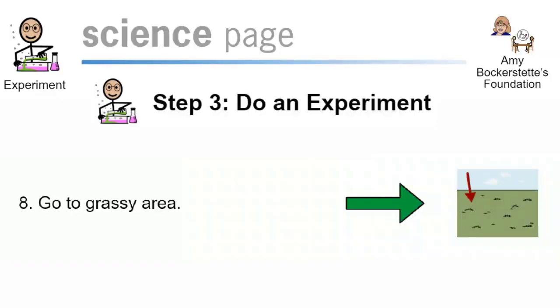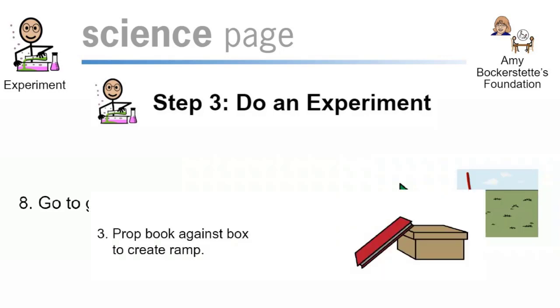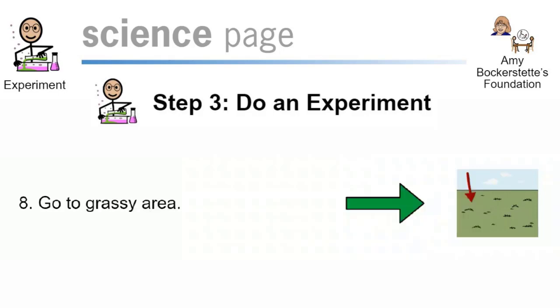To extend this experiment, I used another location that had thicker grass. I wanted to see if how thick the grass was would affect how far the golf ball would roll. I performed the experiment again using the same steps.